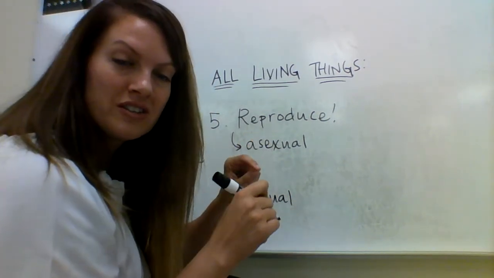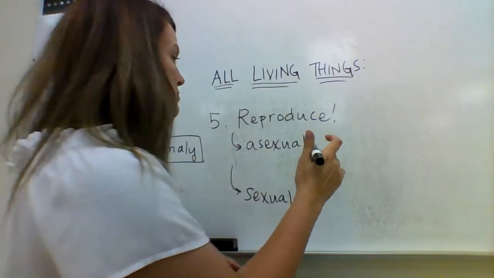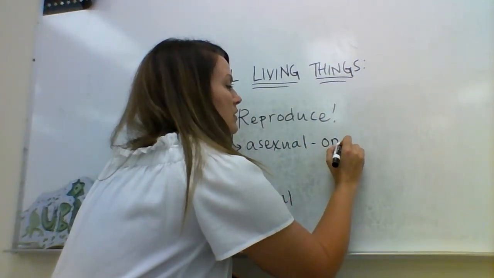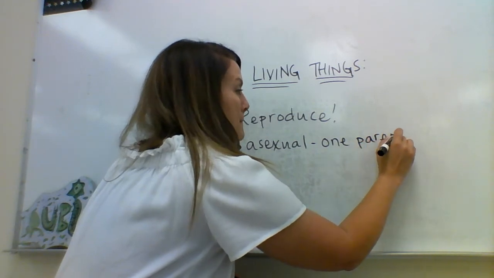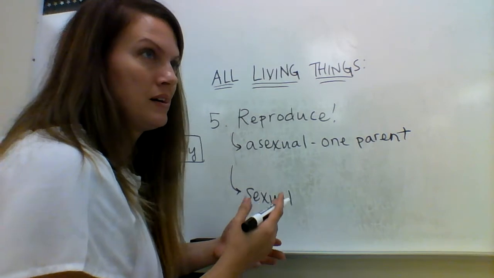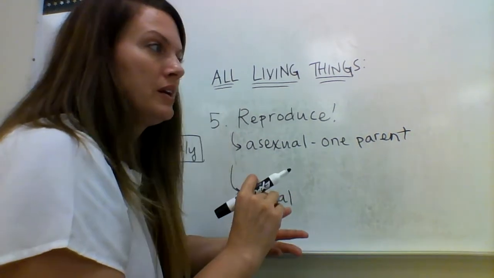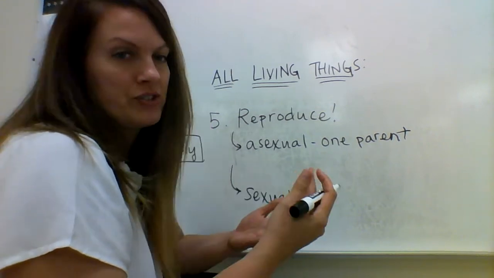Asexual means that the genes of only one parent are being transferred to the offspring. And while sometimes this is as simple as, for example, yeast that we talked about as unicellular, yeast going through what's called binary fission.